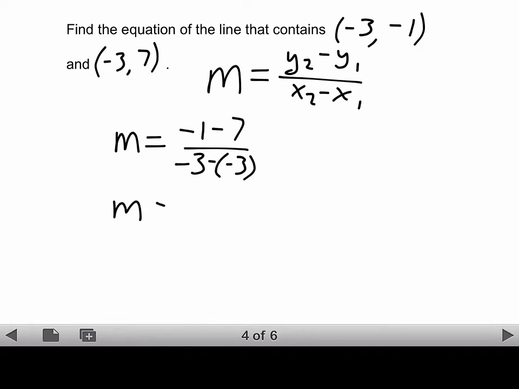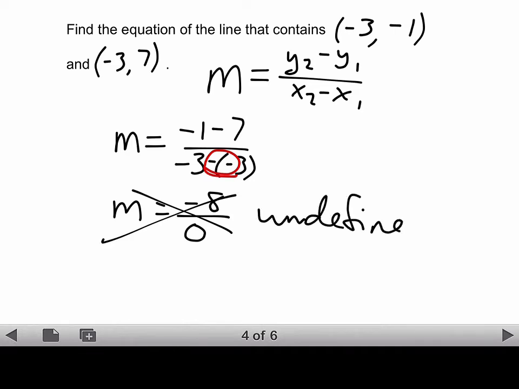In the numerator, we have negative 8. In the denominator, though, after dealing with the double negatives, we have 0. This is undefined. And you may recall a line that has an undefined slope is a vertical line.